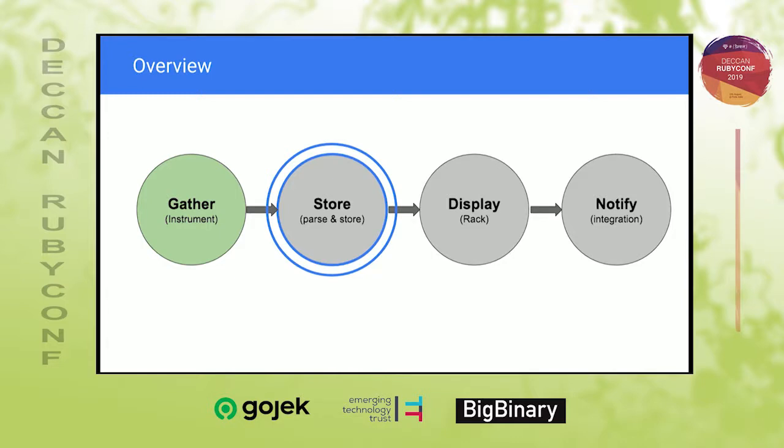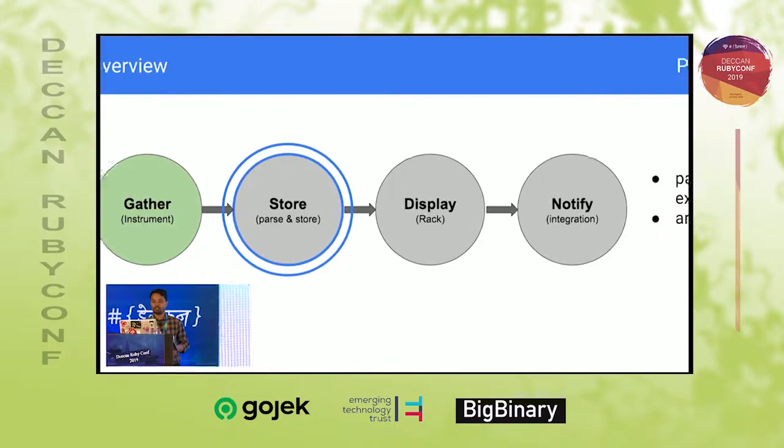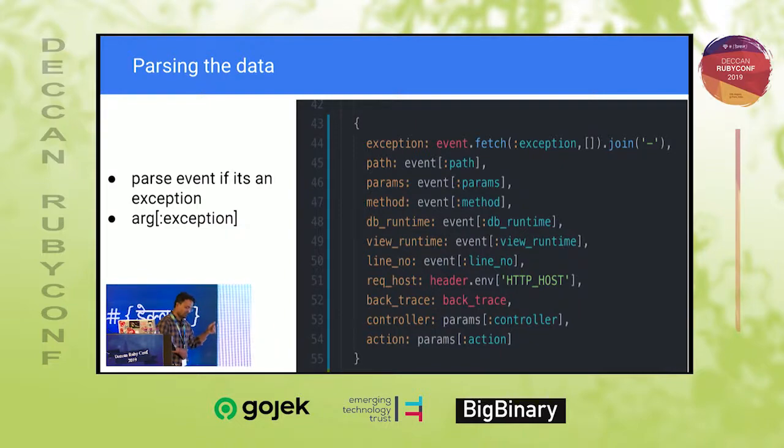So up to this moment, we have an overview of how the gathering part will work. Rails instrumentation is a perfect fit for that. The gem is listening to certain Action Controller events and will get notified. The next part is to parse and store a particular exception. Whenever something happens inside Action Controller, we'll get notified. That might be an exception or might not be.